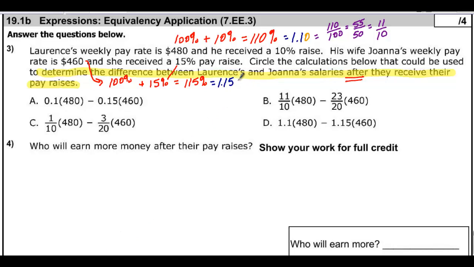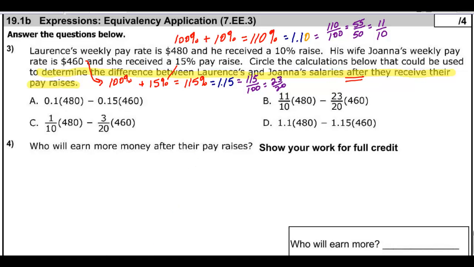And as a fraction, let me go back and write it the way it looks before. It's 115 over 100, which simplifies to 23 over 20, dividing both top and bottom by 5. So there's everything we need.